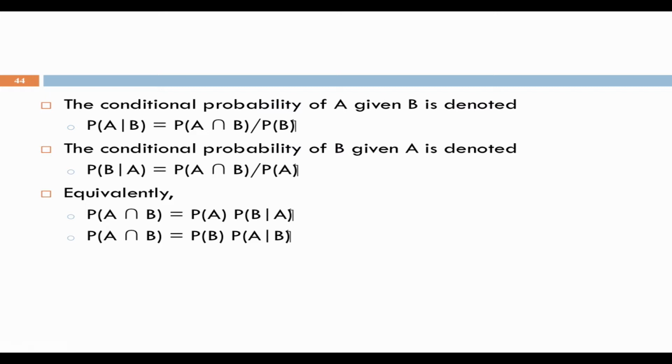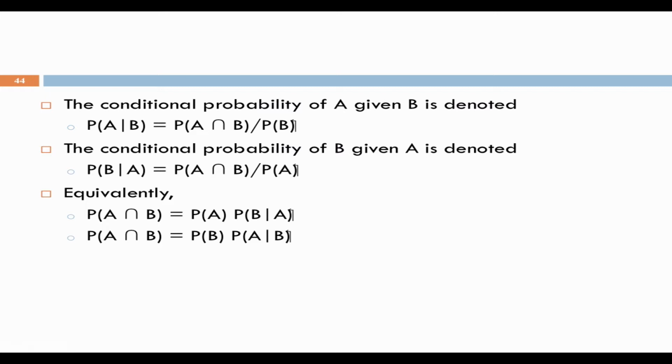Intuitively, you need their intersection. This whole intersection space over this space gives you this quantity, the probability that when B already happens, A also happens.